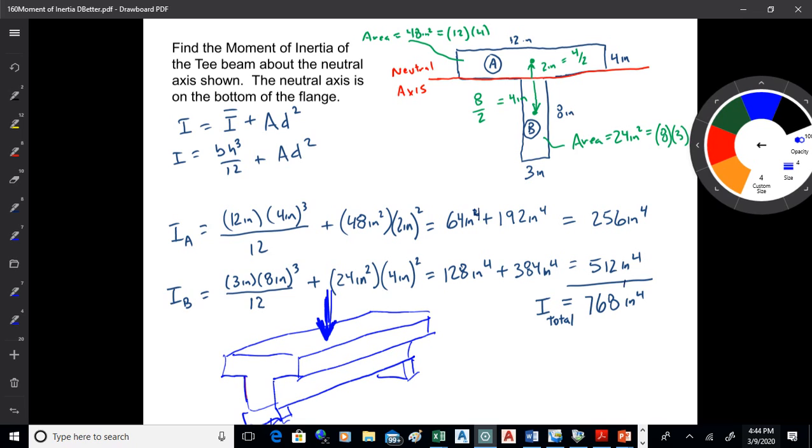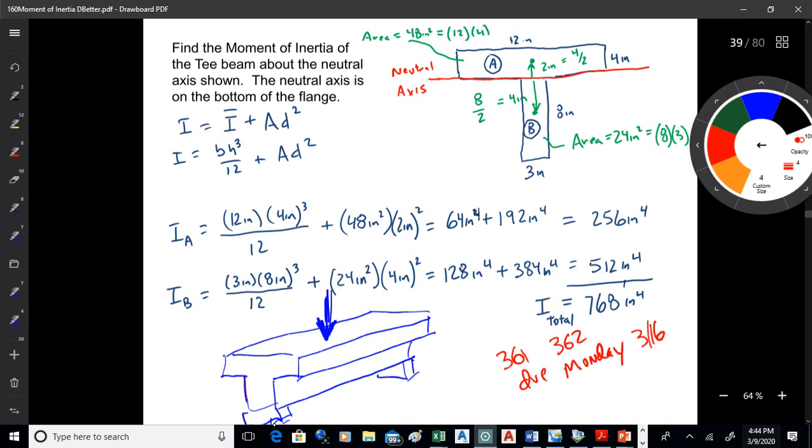All right. I'll get you a couple of these to do, 361 and 362. I'll cover these in class, and I'll have a key posted also. It'll be the 16th.